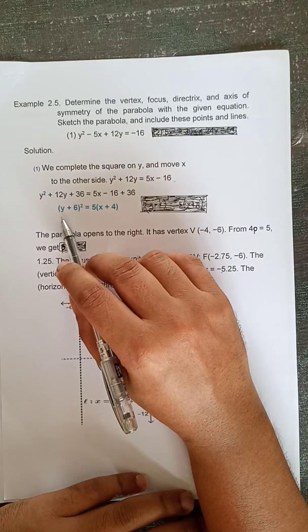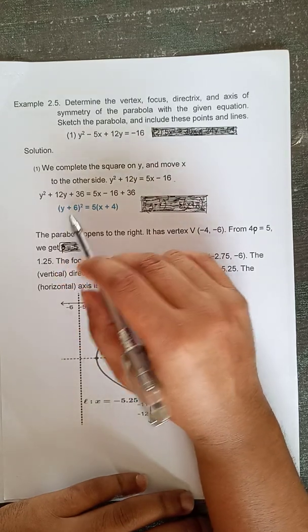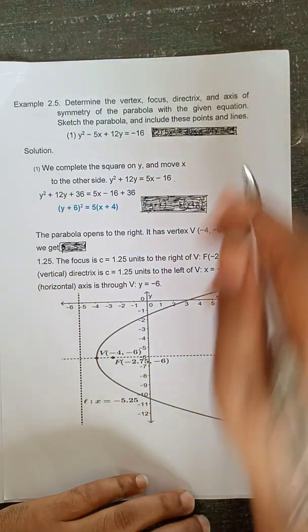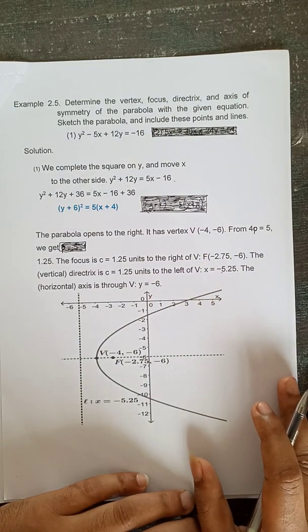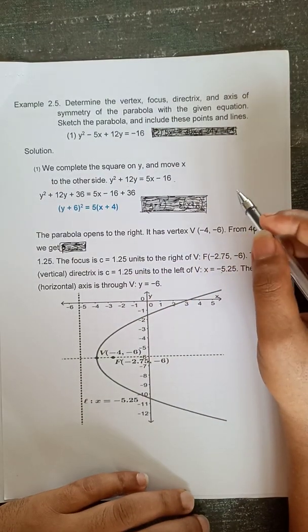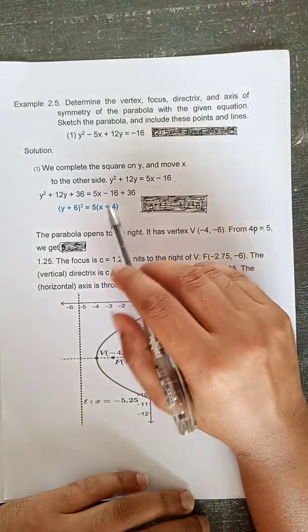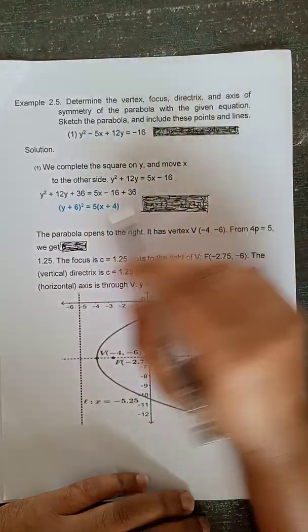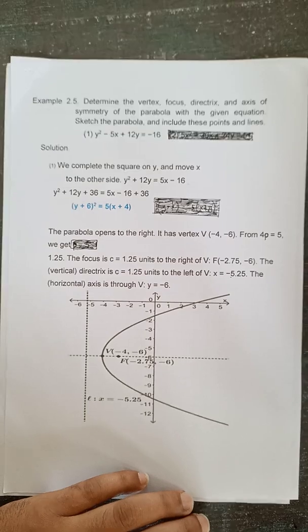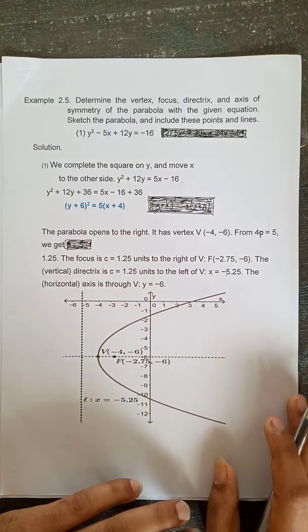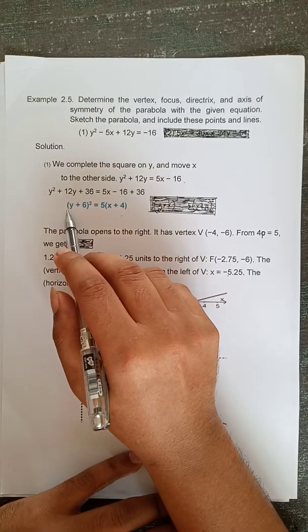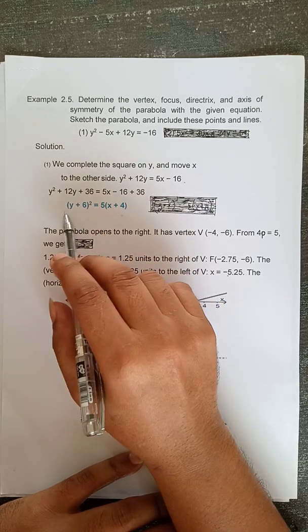So we can now factor this one. We have y plus 6 squared equals 5 times x plus 4. Simplify. Now we have already formed the standard form of the equation.